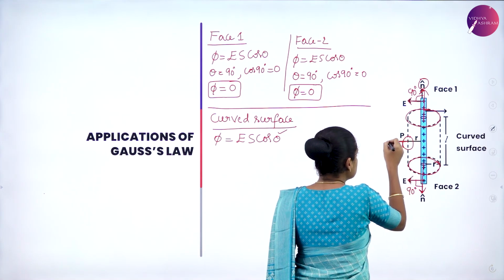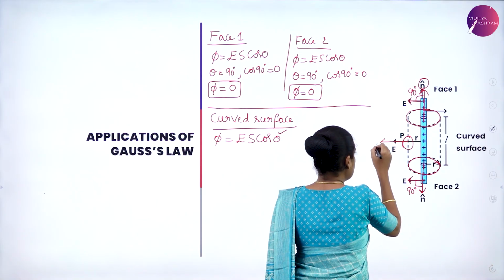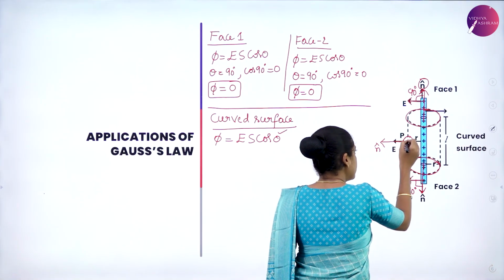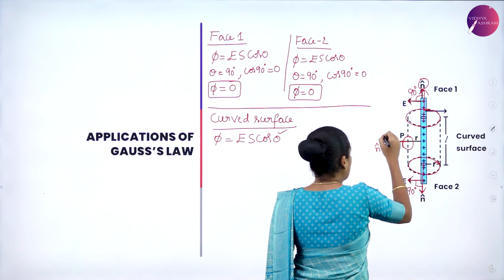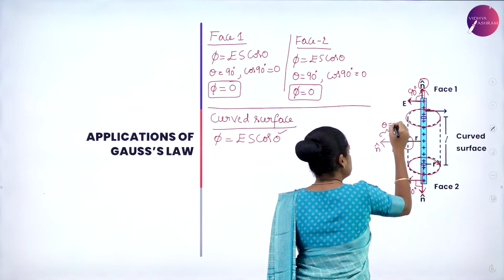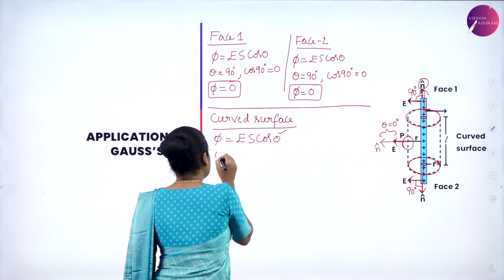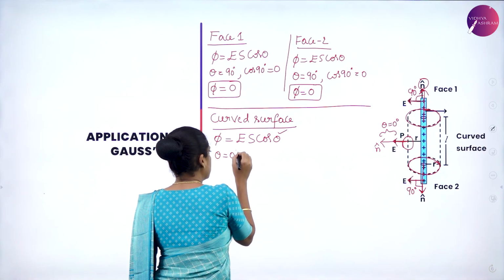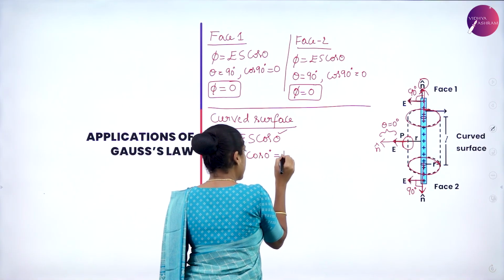The area direction is outward and normal. The electric field direction is in the direction of area. Now both are in the same direction. Therefore, the angle between them is 0 degrees. So theta is equal to 0 degrees. Cos 0 degrees is equal to 1.